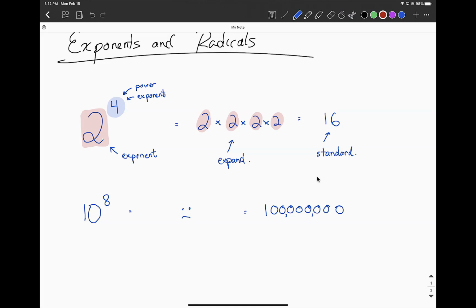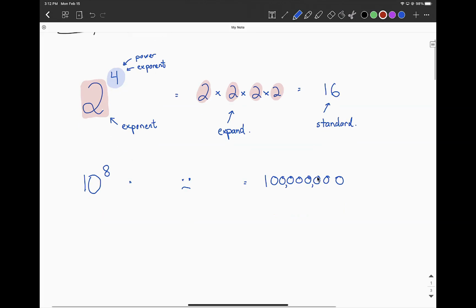Even with negative exponents, which are a part of this unit: if you get into physics, the mass of an electron, they have to get really, really small. Maybe they have a number like 10 to the negative 13, which is a very, very small number, and I absolutely don't want to expand that out. That's a whole lot of tens.